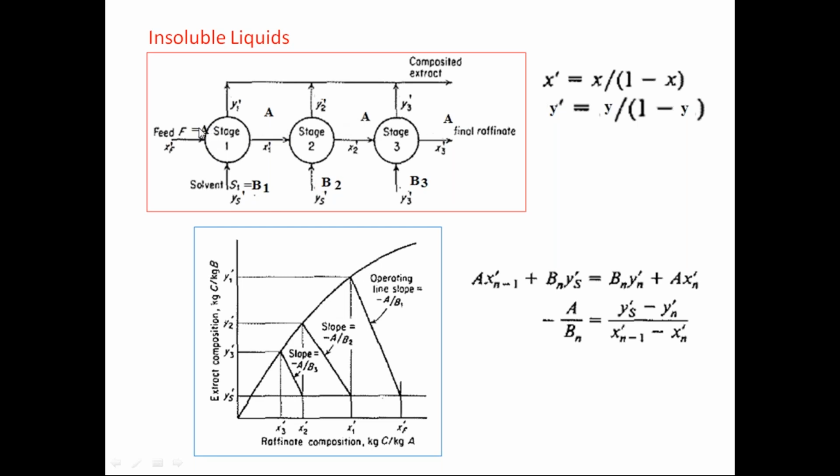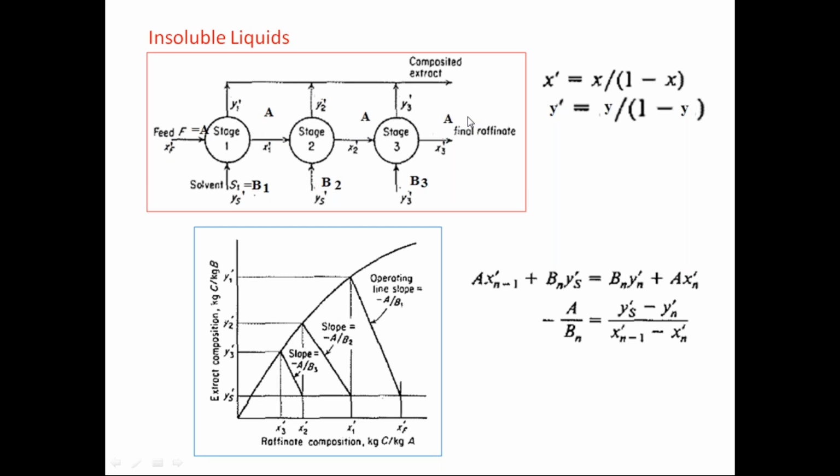Why? Because A is not dissolving in B, and B is also not dissolving in A, the A quantity in the raffinate phases coming from different stages will be constant. So that is equal to A. A is the kgs of the feed solvent which is there in the feed. So that won't change.